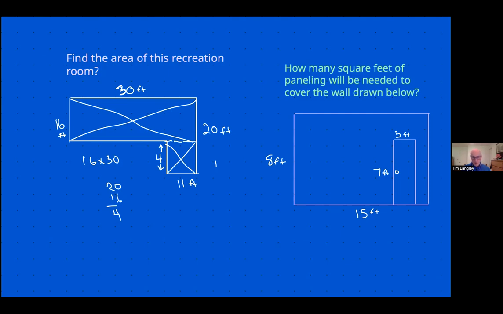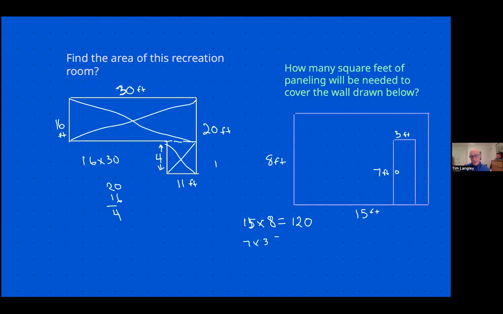I'll punch it in my calculator real fast and get 120. So I've got 120 square feet total if there was no door here. Now I'm going to punch in my numbers for the door, which is 7 times 3, which equals 21.